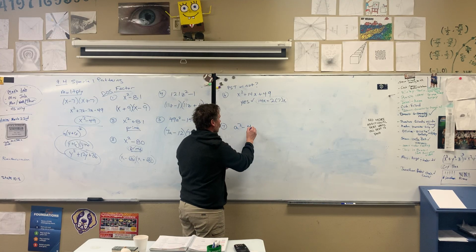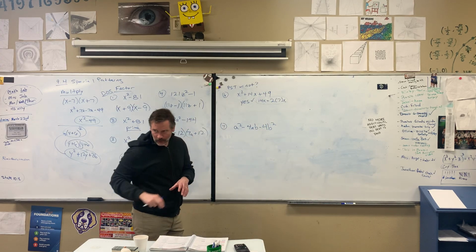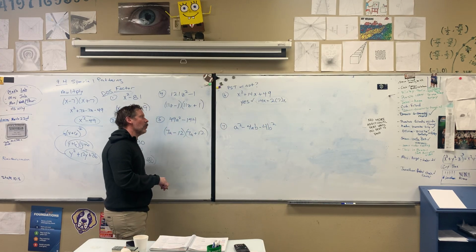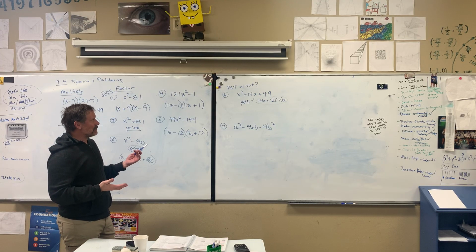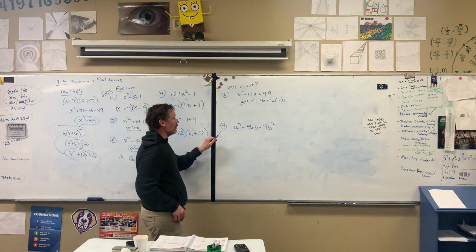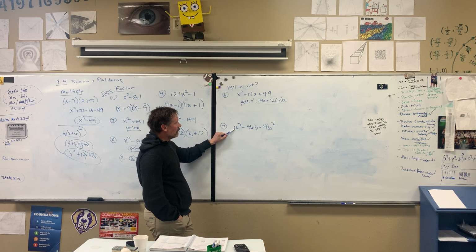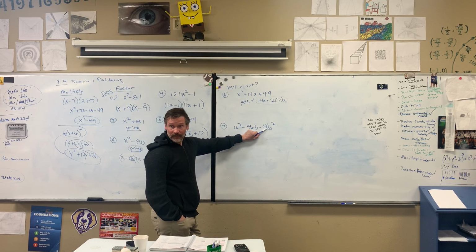And then what if I have a squared minus 4ab minus 4b squared? A little bit trickier. Is it a perfect square trinomial? A little trickier simply because we have the a squareds and the ab's and the b squareds, right? Double variable. But let's ask ourselves, is this a perfect square? A times a, yeah. Is 4 a perfect square? Sure, 2 times 2. Is b squared a perfect square?